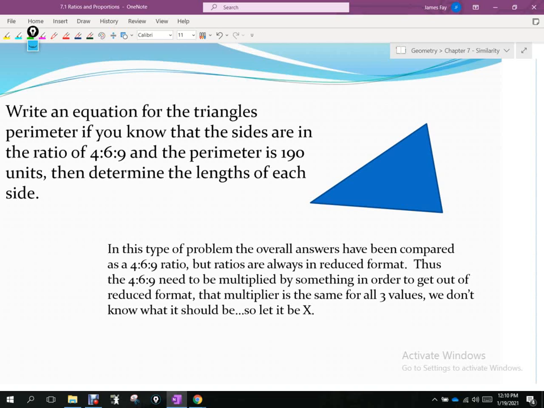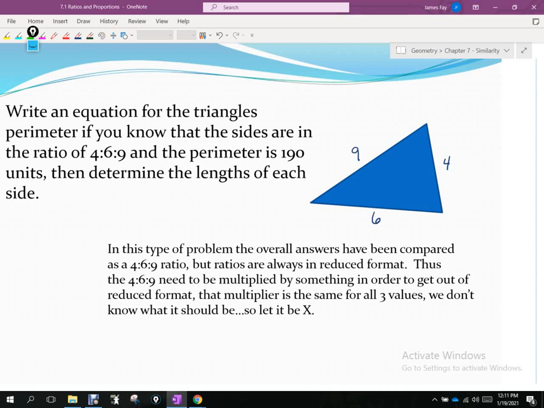So they want to know, if that's the case, what is the actual length of these segments? Let's say this one was the 4, this one was the 6, and this one was the 9. Now, that's a simplified ratio because if the sides had lengths of 4, 6, and 9, that only adds up to 19, right? So those cannot be the 3 sides of the triangle.